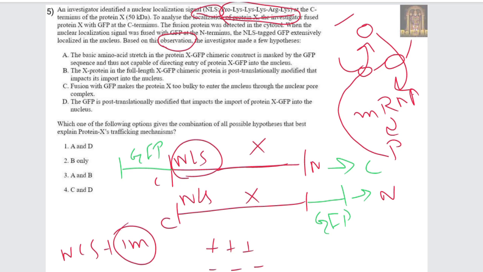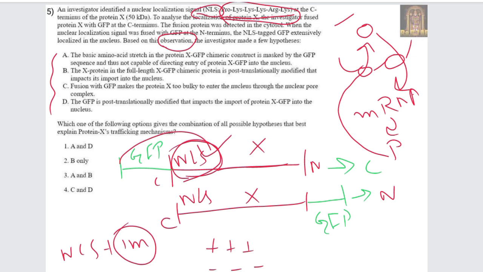But now you have to tell what is happening, after understanding the nature of the NLS and its mode of action, how it goes inside. So option A says the NLS sequence in the protein X-GFP is masked by the GFP sequence and thus not capable of directing the entry of the protein X-GFP into the nucleus. It can happen because the GFP, after some modifications, can bind to it, like in a protein interaction.